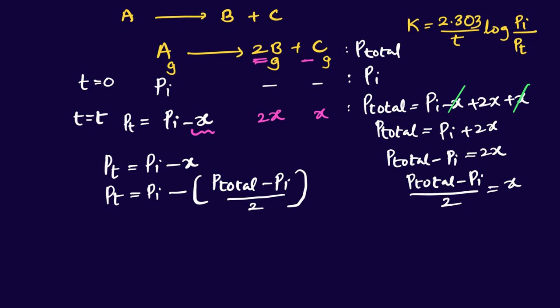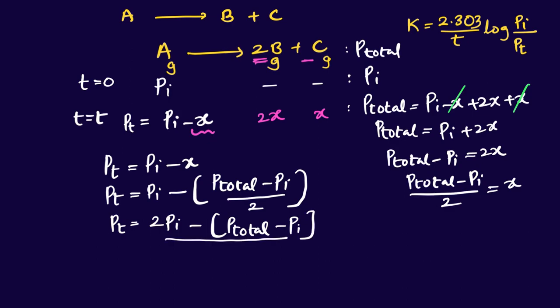This can be rearranged as P at T time is equal to 2Pi minus P total, minus Pi, divided by 2.